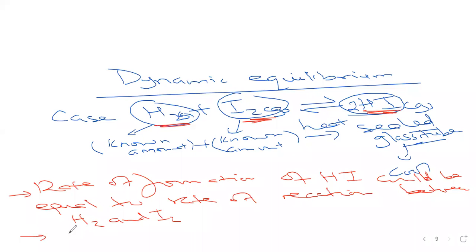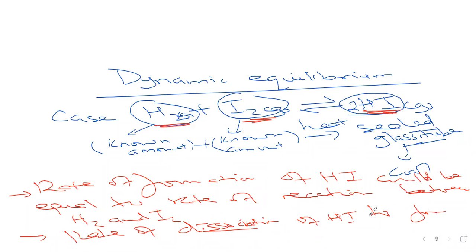It also implies that the rate of dissociation, I'm bringing down a new term, rate of dissociation of hydrogen iodide, is equal to the rate of reaction between hydrogen and iodine.